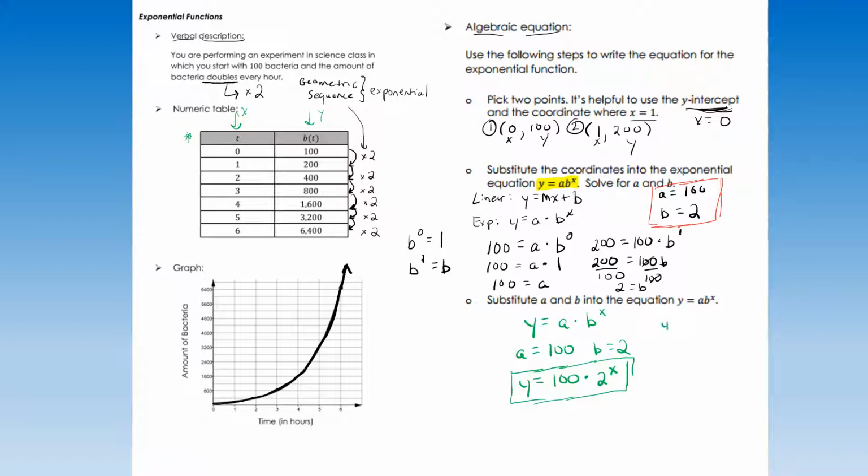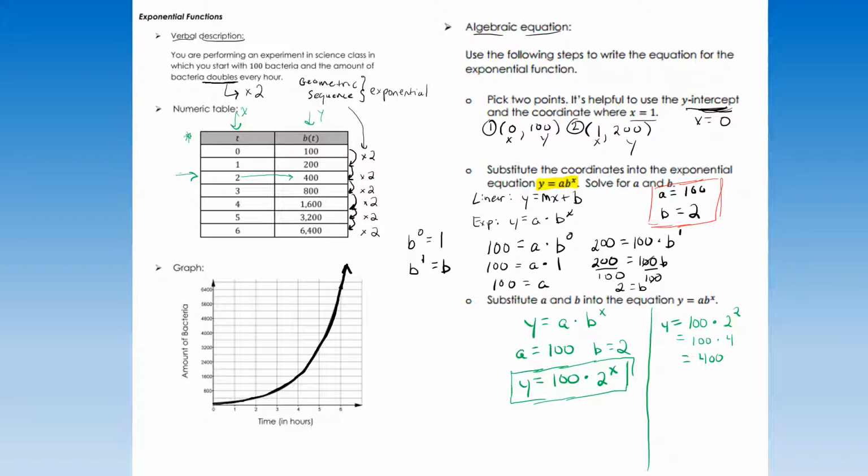Well, if x is 2, y is equal to 100 times 2 to the second power. And 2 to the second power is 4. So y is 400 when x is 2. And notice that's what we have here in the table. X is 2, y is 400.